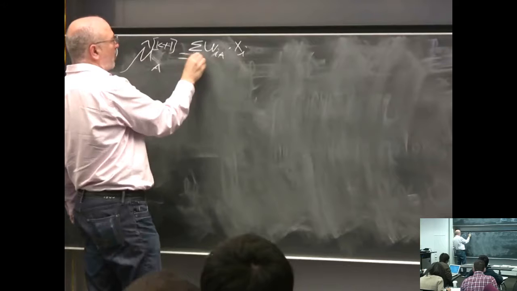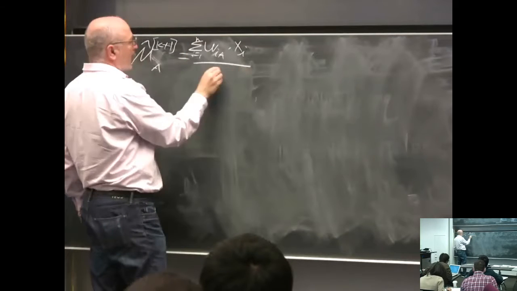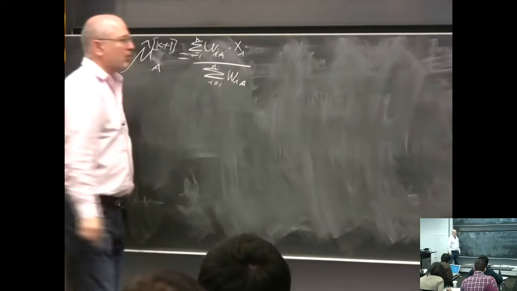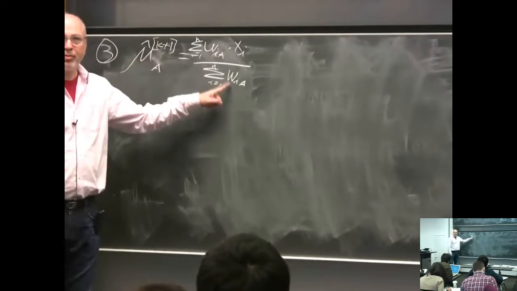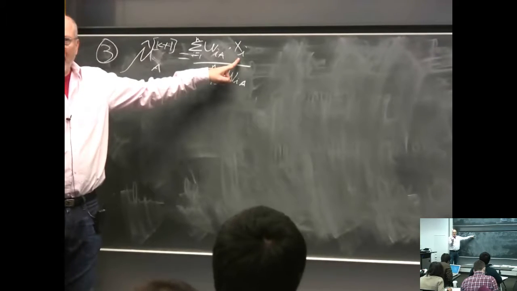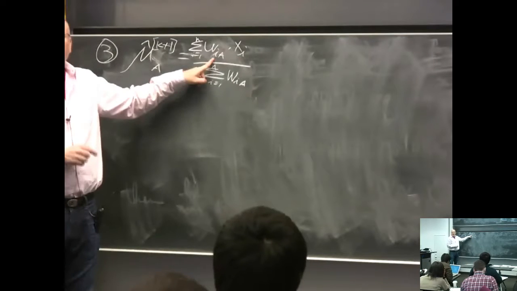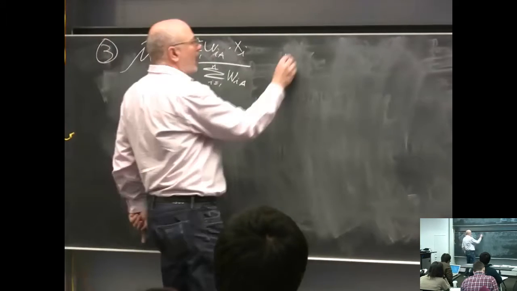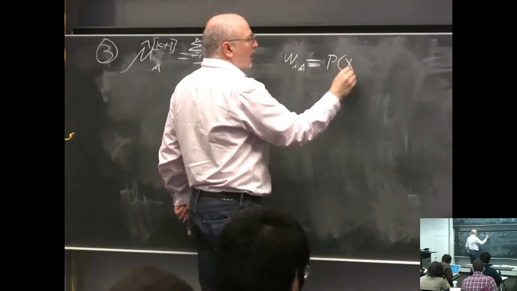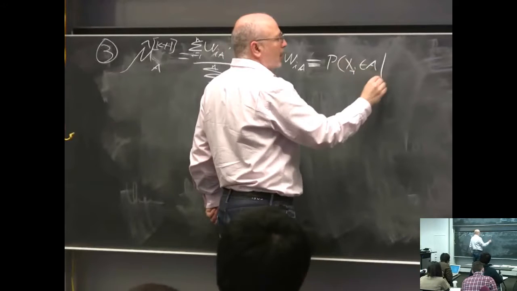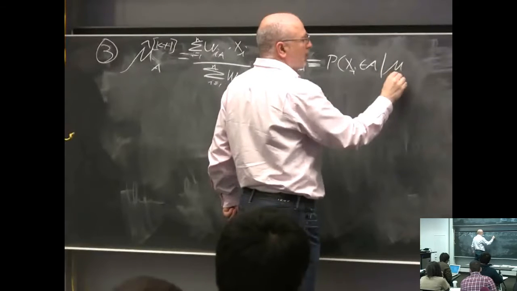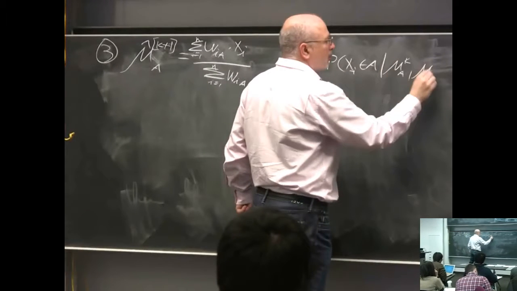Sum i goes from 1 to n, and all this is normalized by the sum of i goes from 1 to n of WiA. Right? These are weights. Xi's are the points along the x things, and I'm going to average them, mean them, but weighted by what fraction was assigned. And the WiA is defined as the probability that xi came from A given the current estimates, mu A k, mu B k.